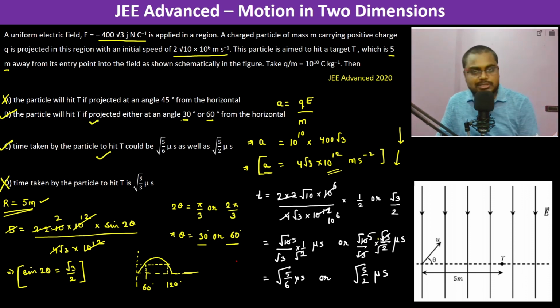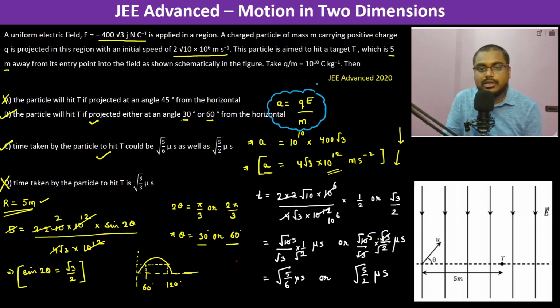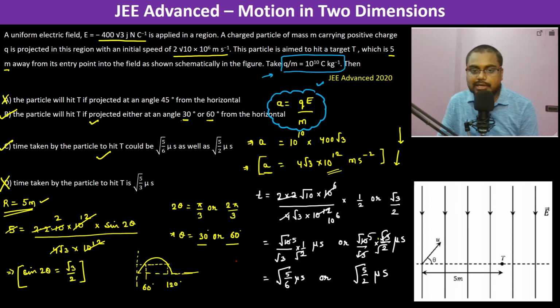Okay, so this is again a simple question of projectile. What we have to do is simply take care that the acceleration है ना, तो acceleration क्या है, QE by m. So because Q by m is already given here, तो therefore हमको acceleration आसानी से आ जाएगा, और वो जो acceleration है वो नीचे के तरफ है.